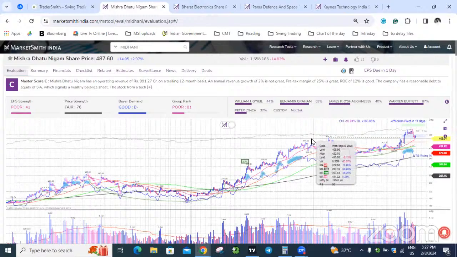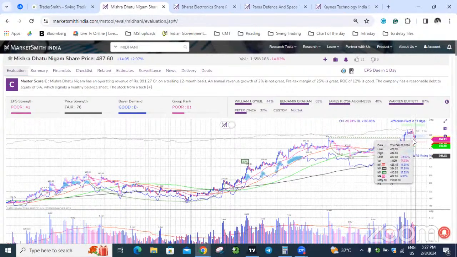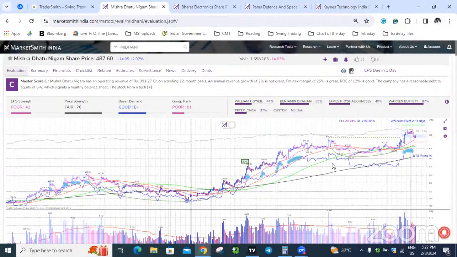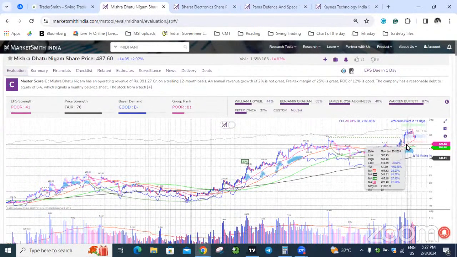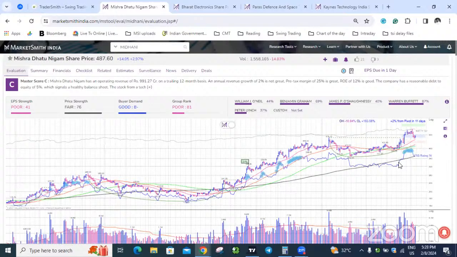Conservative investors can see today's low or yesterday's low as a swing low for a stop loss, or those who can hold the stock for a longer time can keep a stop loss below this price range as well as the 50 DMA. That is a major support level for Midhani. Until then, one can continue to hold this stock.